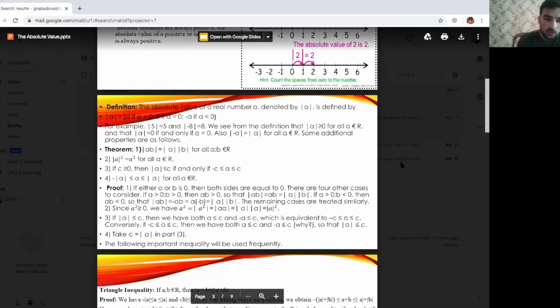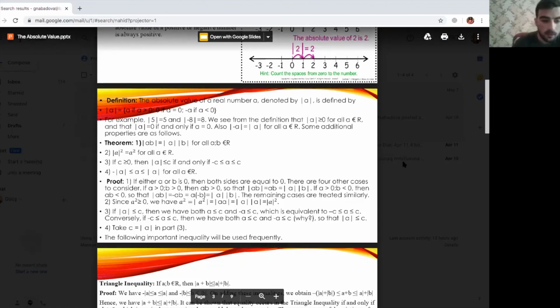Theorem 1. There are 4 theorems in that slide.